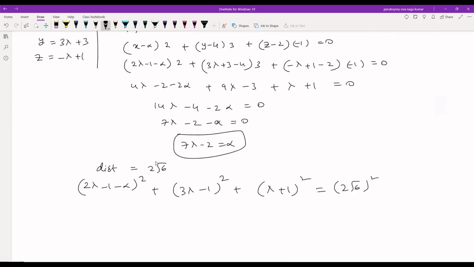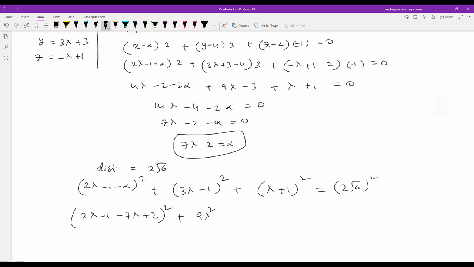So if you simplify this, I am substituting alpha as 7 lambda minus 2. So (2 lambda minus 1 minus 7 lambda plus 2) whole square. I substituted the alpha value and expand it.